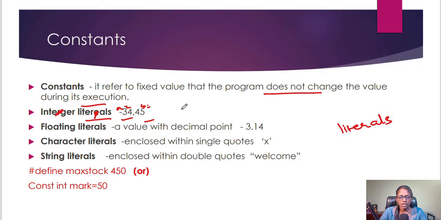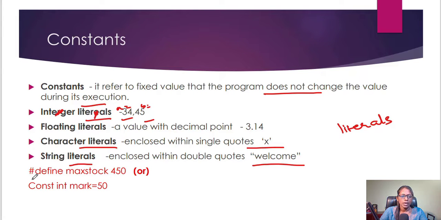For example, 3.14 is an example of a floating literal. And the next one is character literal, which is always enclosed within single quotes, and string literal, which is enclosed within double quotes. So if I assign some value, welcome, to a variable, that is called a string literal.